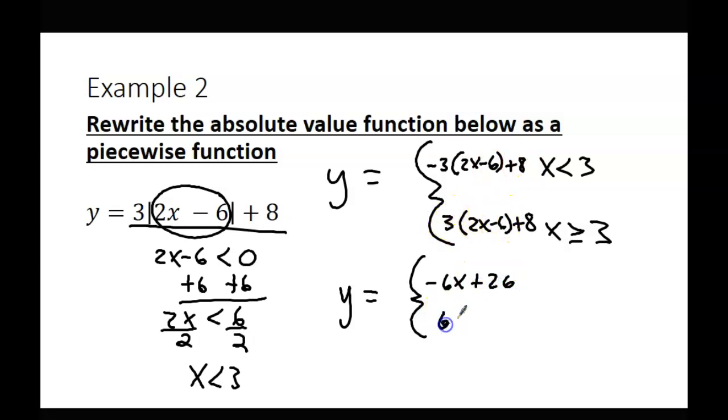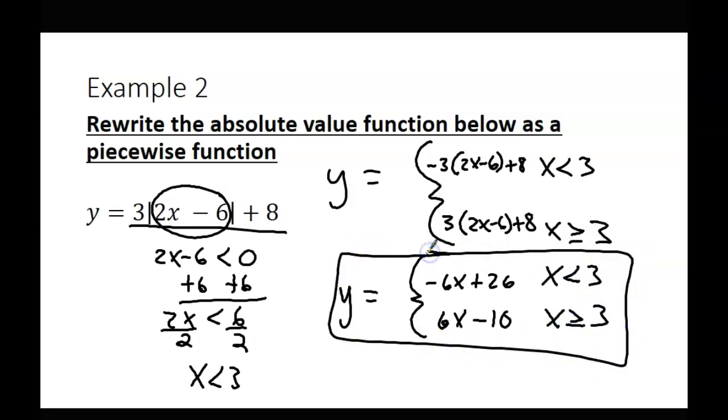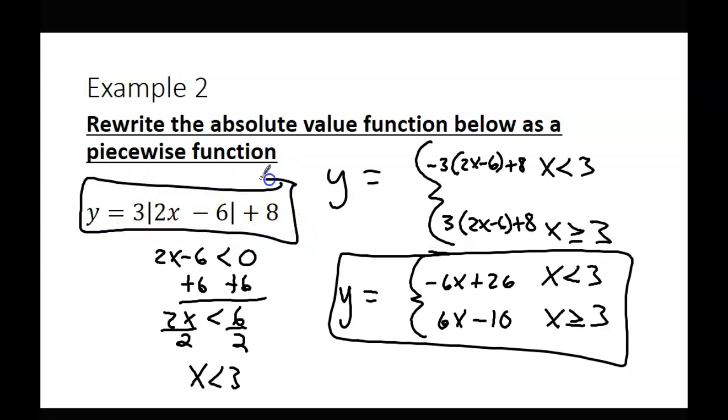Distribute here, you get positive 6x minus 18 plus 8 is negative 10. This equation is exactly the same thing as this equation. The only difference is this one is broken up into the two pieces that calculus likes. This thing puts them together where they join at a sharp turn that calculus doesn't like.